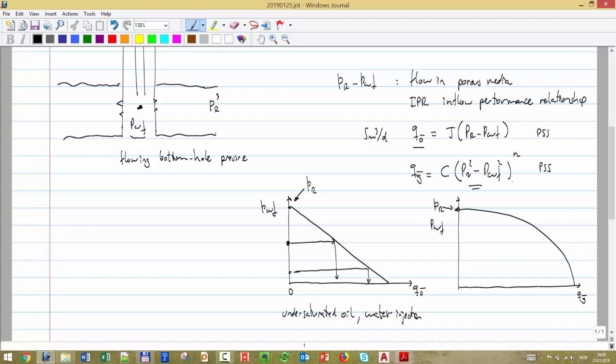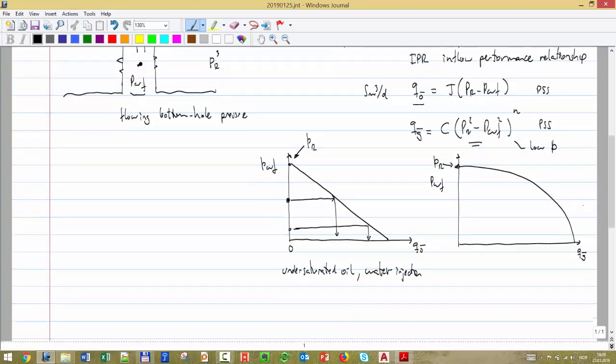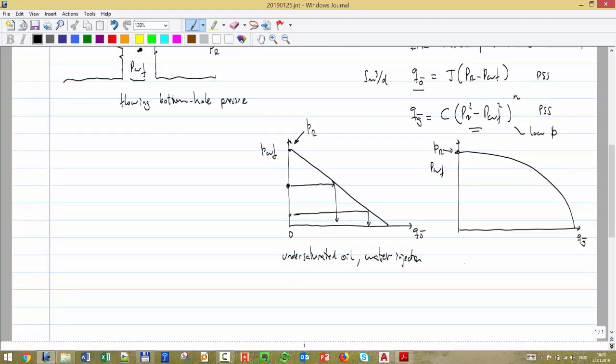And remember, this equation was for low pressure. When we go to medium pressure, high pressure, it looks slightly different. But we are working with that equation because it's very convenient to use. That's how the IPR equation looks for dry gas and saturated oil. And also saturated gas.